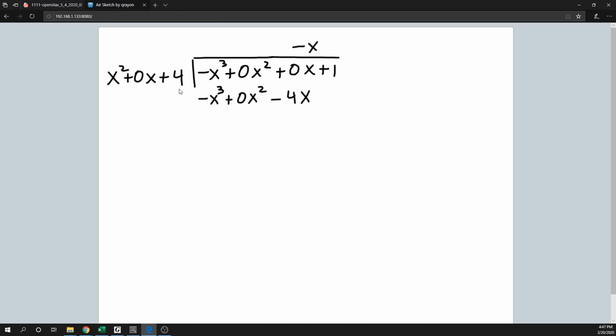All right, then I'm going to subtract, so I'm going to change the sign of each term and actually add. Okay. So the first terms are going to drop out as always. Here I have 0x squared plus minus 0x squared. Again, I am going to add that extra step in there and just keep that 0x squared. 0x plus 4x is going to give me plus 4x.